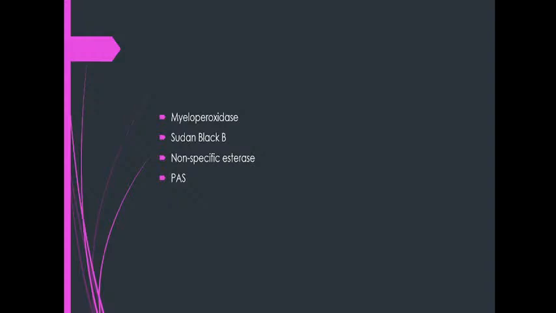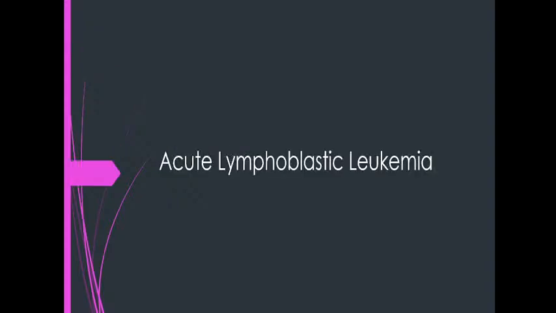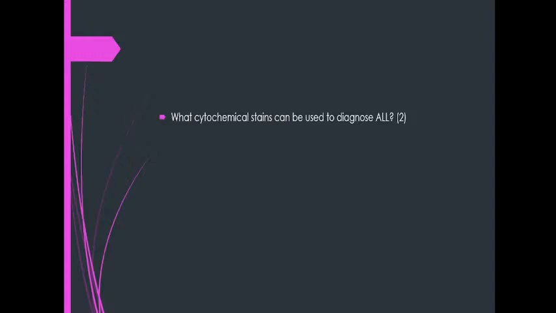Alright? Now, let's talk about acute lymphoblastic leukemia. Lymphoblastic leukemia is different because we can use cytochemical stains here. There are two types of cytochemical stains that you can use for the diagnosis of acute lymphoblastic leukemia.